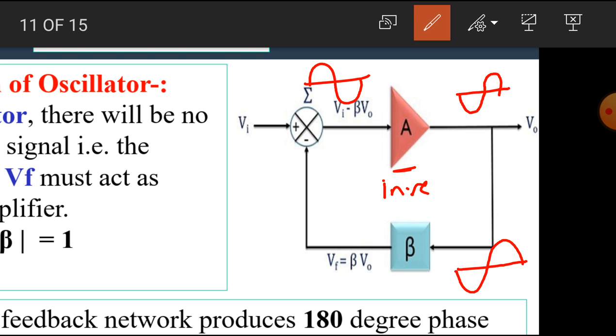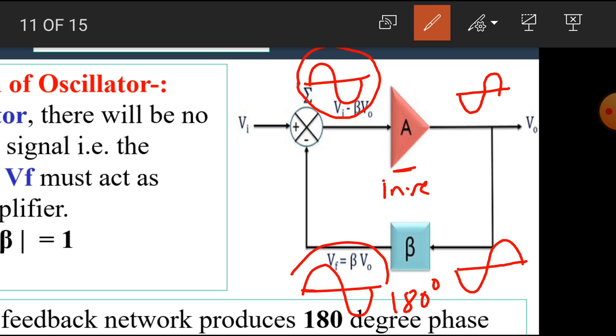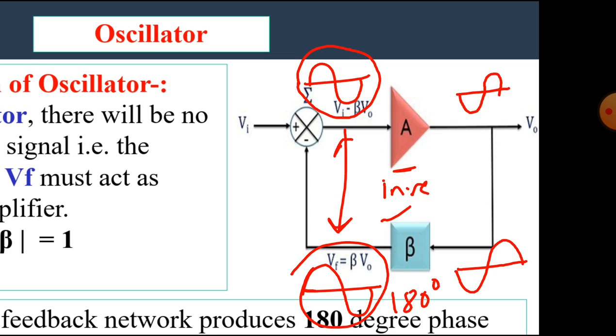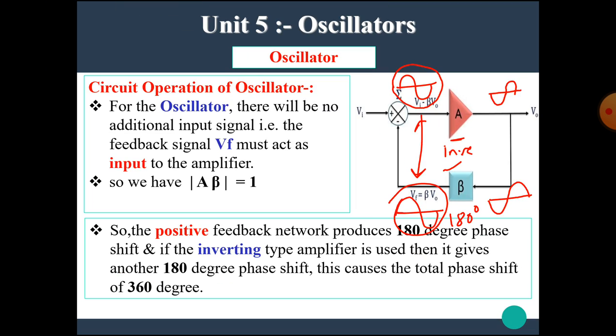And if we use the positive feedback, then we get another 180 degree phase shift here. That means we get a total 360 degree phase shift, so the input waveform and the output of the feedback waveform are similar in phase. I hope you all understand this.